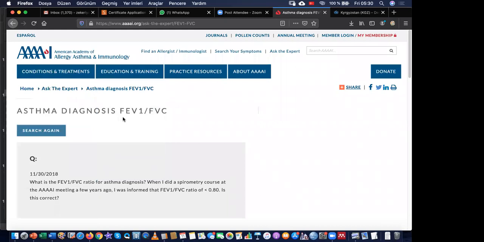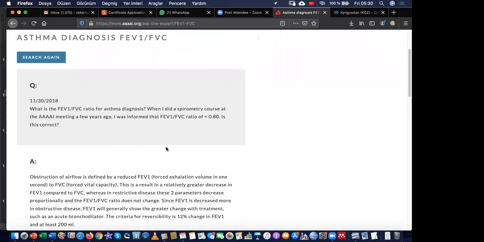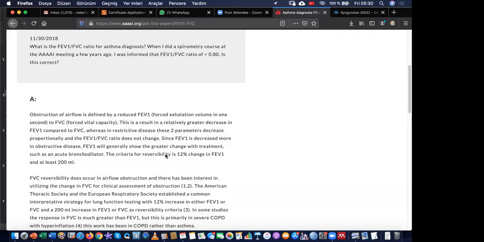The FEV1, forced expiratory volume, is the volume in the first second during expiration. This is usually used as a diagnostic criterion in medicine for diagnosing diseases. Do you know asthma?